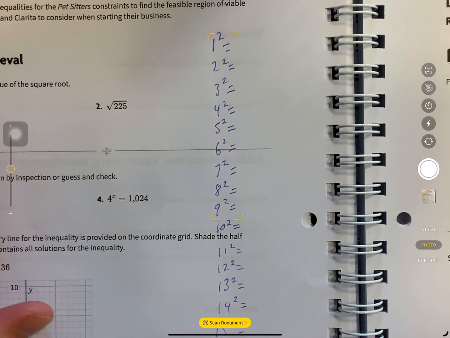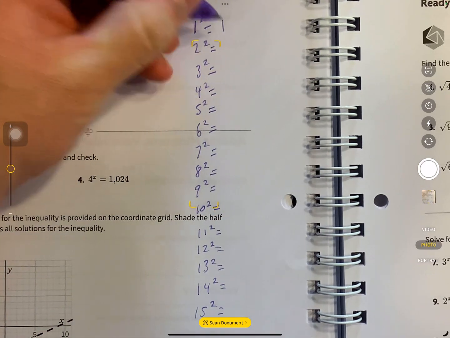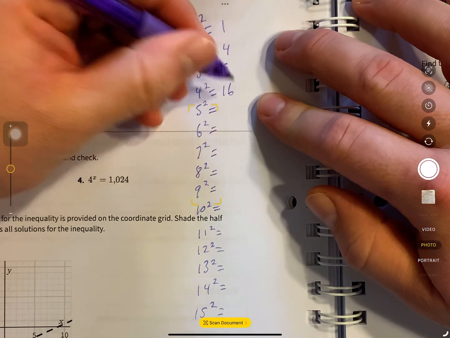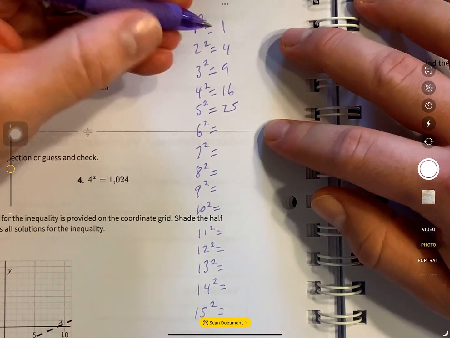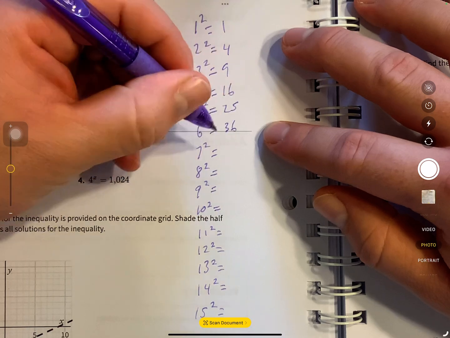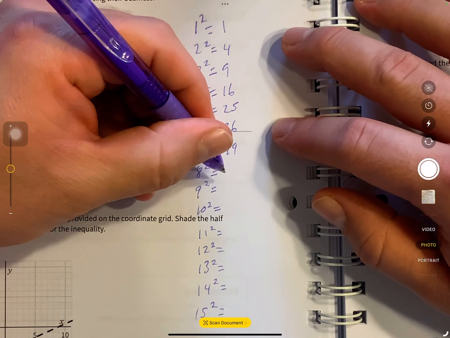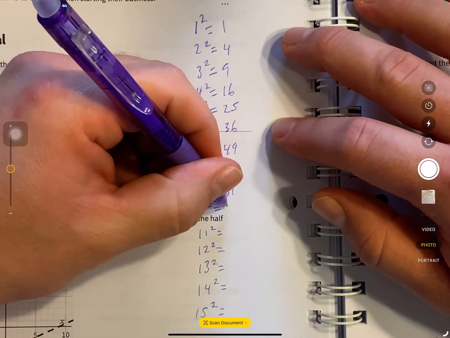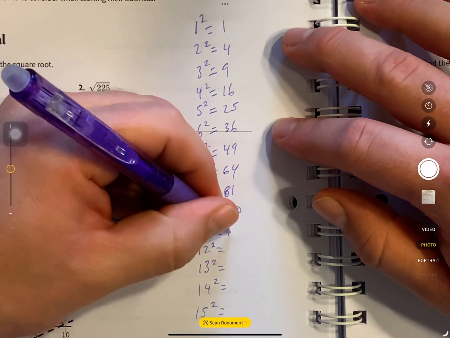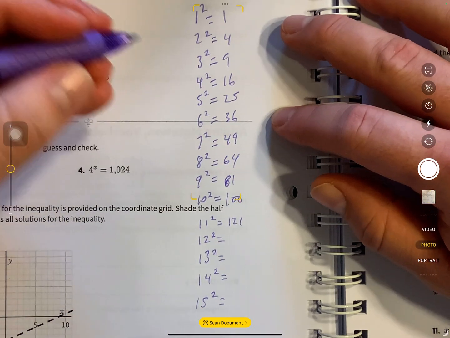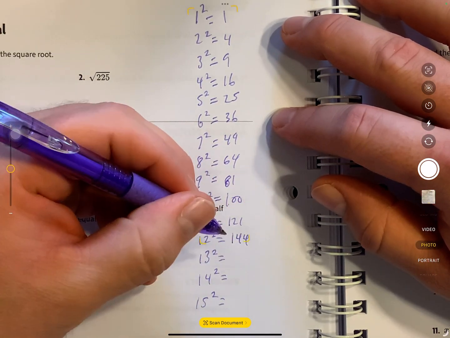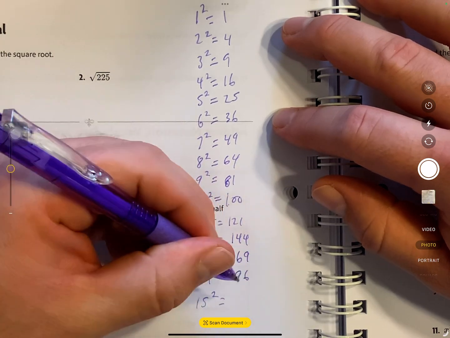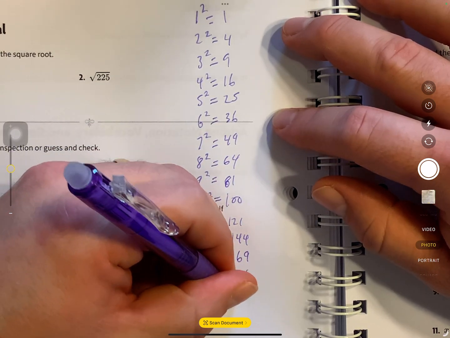Okay, and we'll start with 1 squared. 1 times 1 is 1, 2 times 2 is 4, 3 times 3 is 9, 4 times 4 is 16, 5 times 5 is 25, 6 times 6 is 36, 7 times 7 is 49, 8 times 8 is 64, 9 times 9 is 81, 10 times 10 is 100, 11 times 11 is 121, 12 times 12 is 144, 13 times 13 is 169, 14 times 14 is 196, and 15 times 15 is 225.